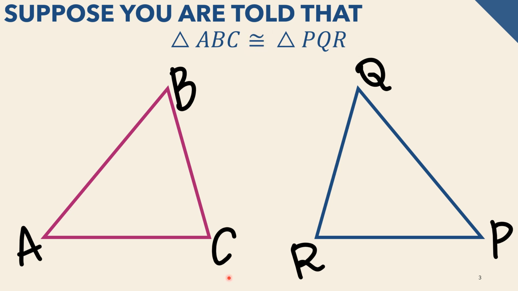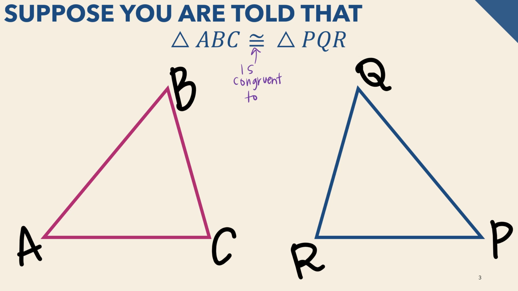Is congruent to. I'm going to write that just really quickly here. So this symbol means is congruent to. All right, now the order that these triangle names are written in is super important.